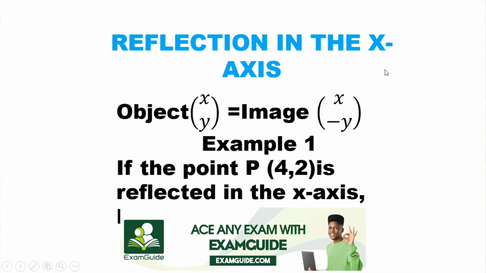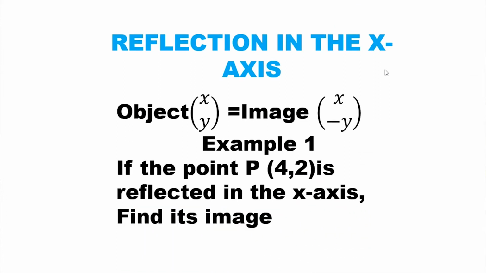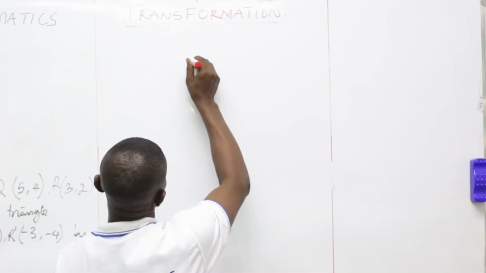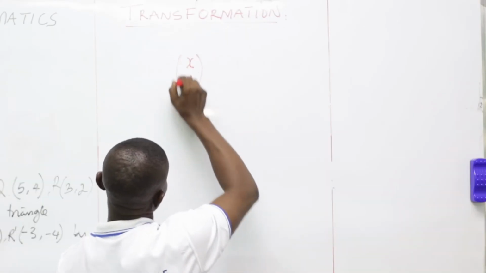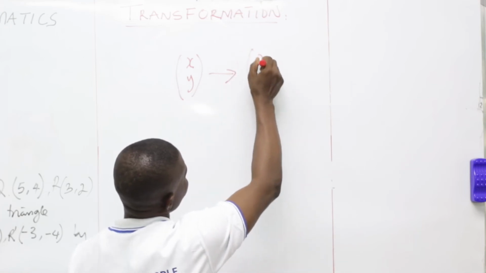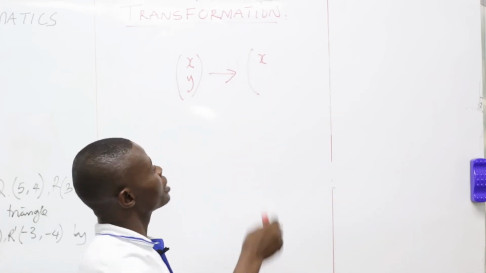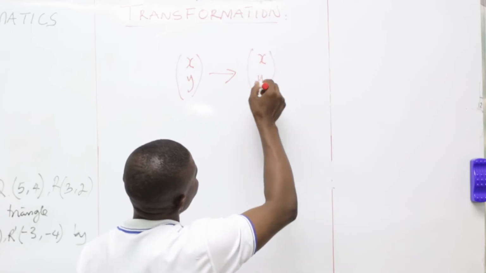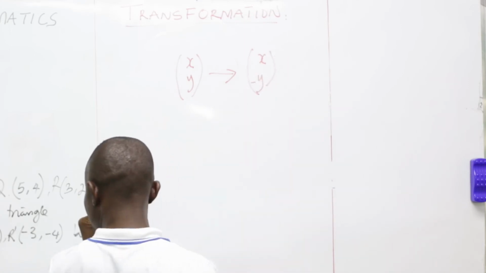Reflection in the X-axis. Now we're talking about the X-axis, when our reflection is based on the X-axis. What happened? The image will be formed this way. Look, the object is permanent. (X, Y) is the object, to produce (X, minus Y).